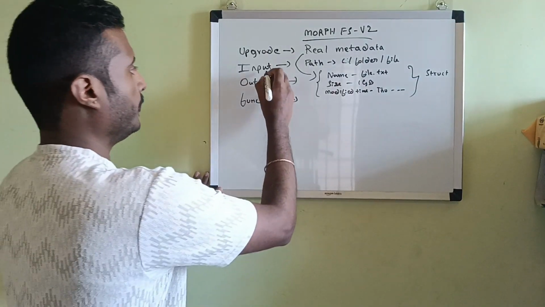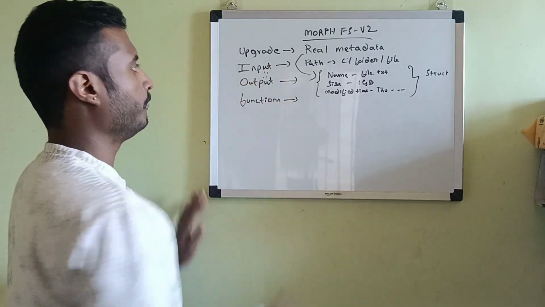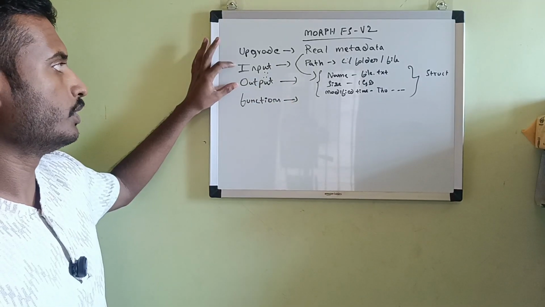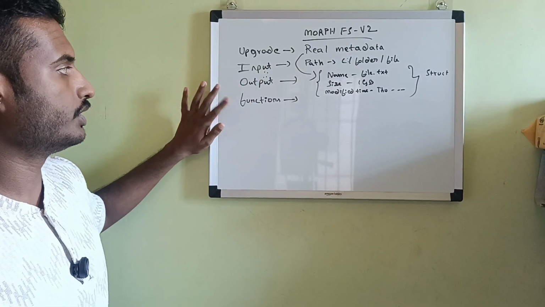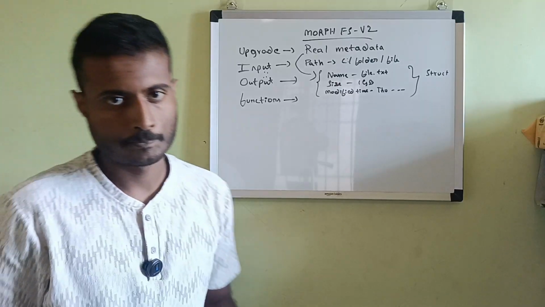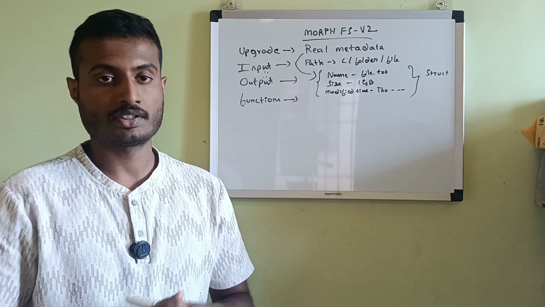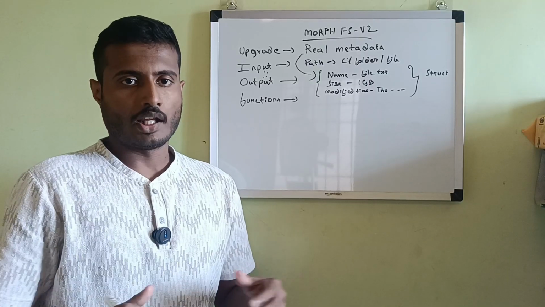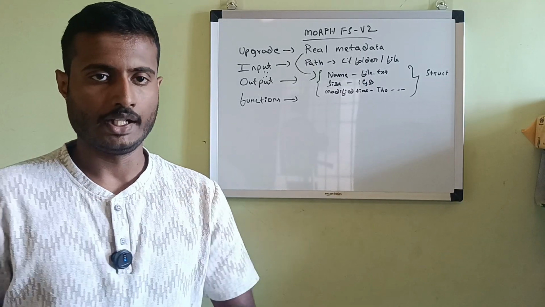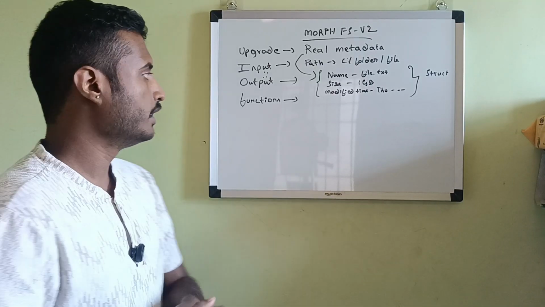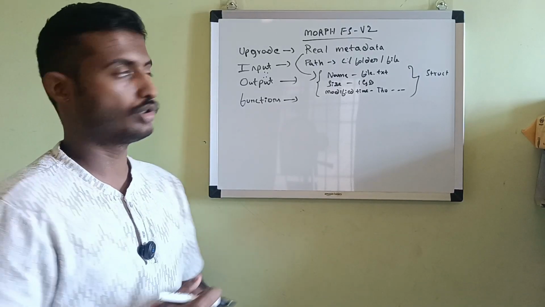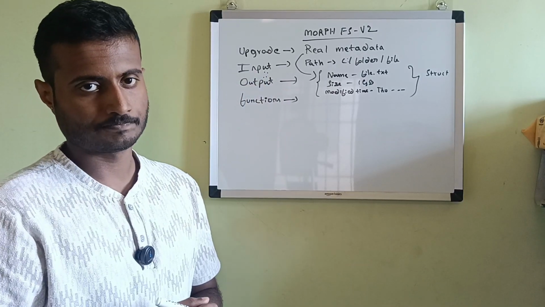Now between these two, what do we have? The functions. These are all the action points, because in everything there are multiple phases, right? Think like that. There are multiple phases that happen to get this single output.